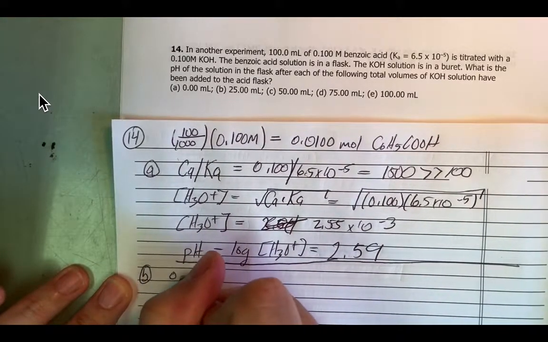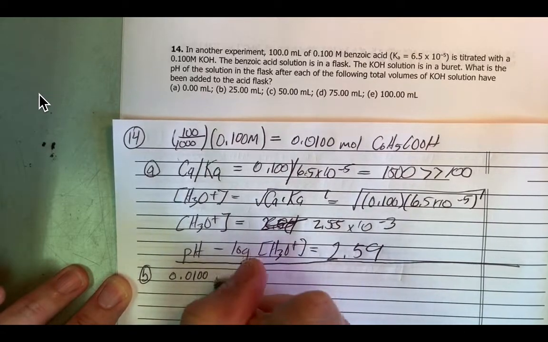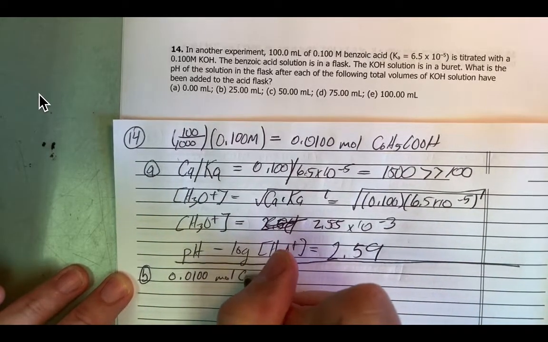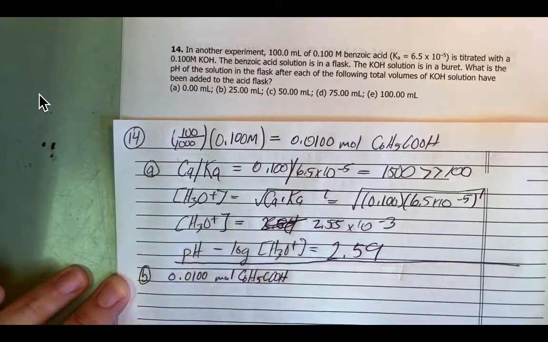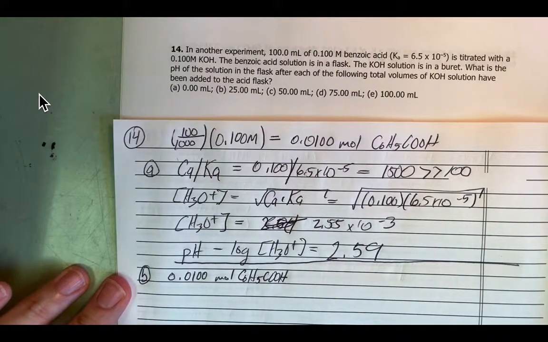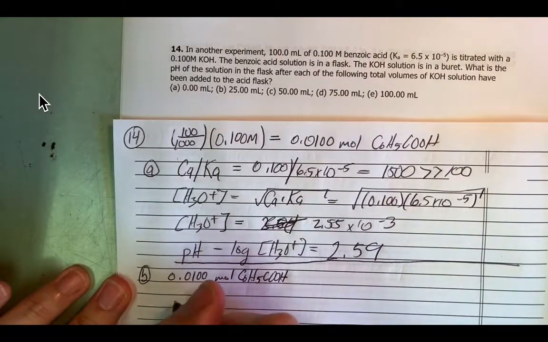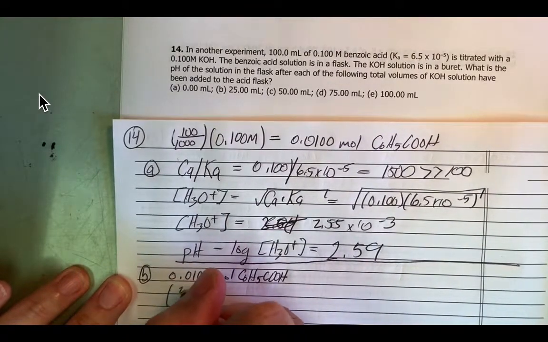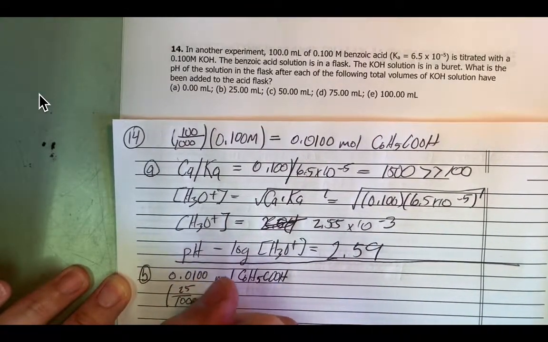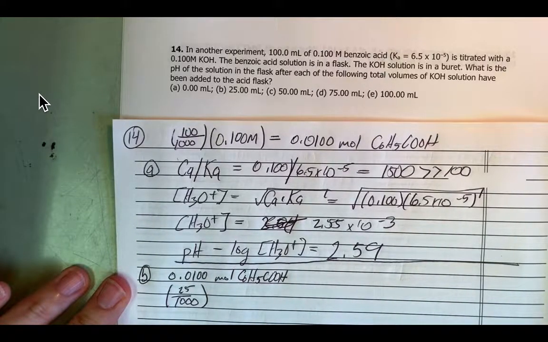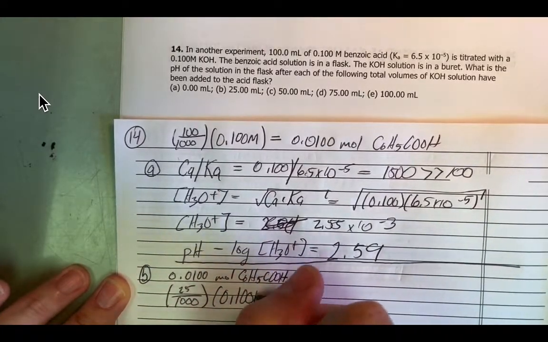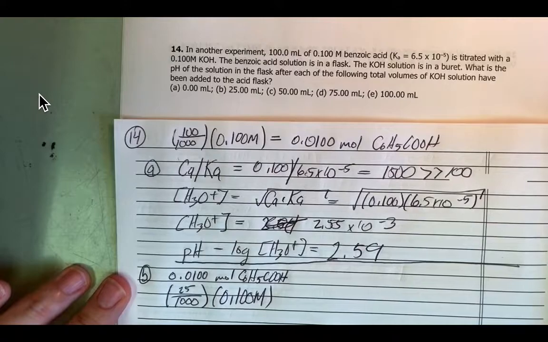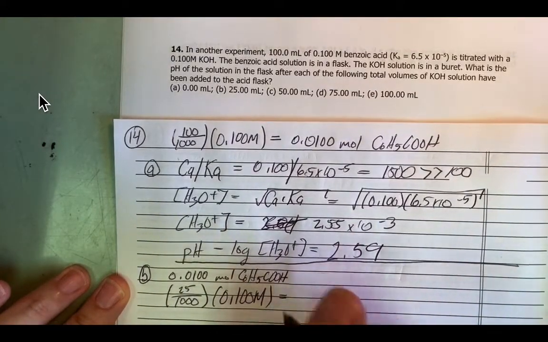So we start out with 0.0100 moles of the benzoic acid. And we're going to react that in this first one with 25 mLs, or 0.025 liters of a 0.100 molar potassium hydroxide solution.